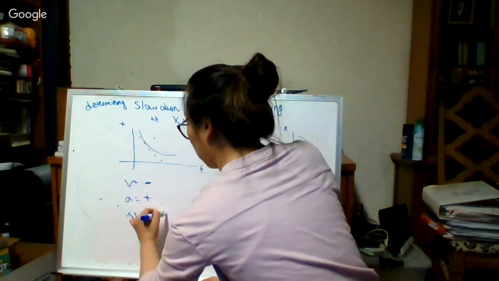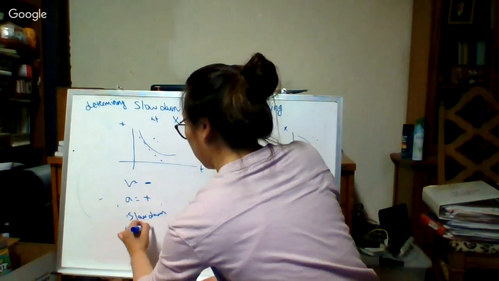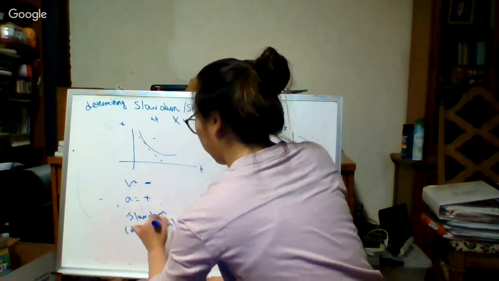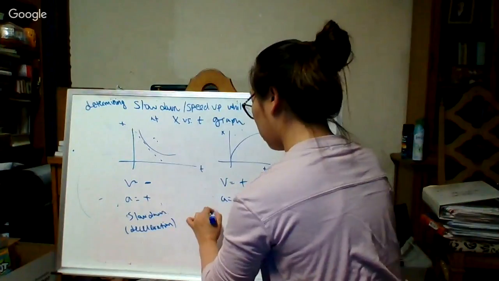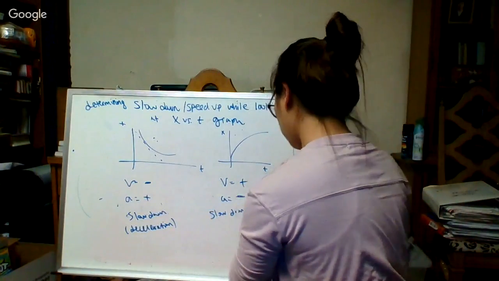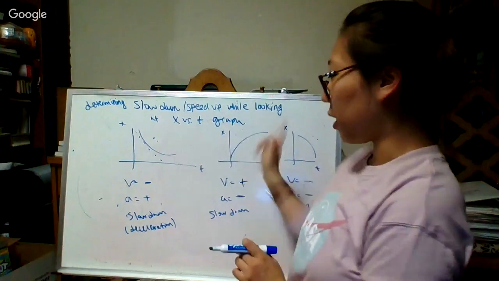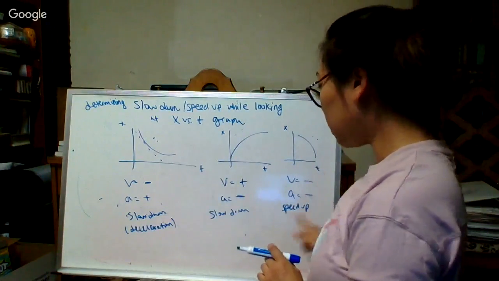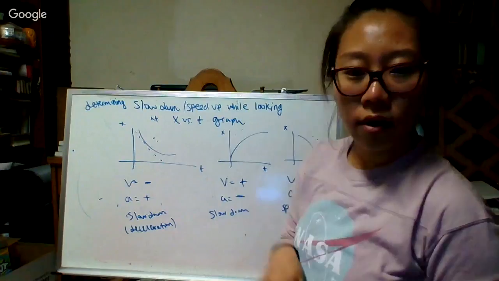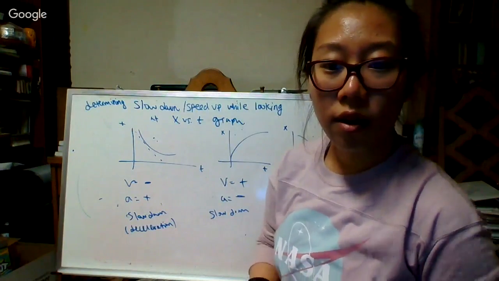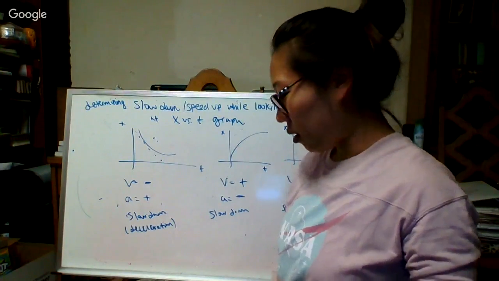Remember deceleration, because deceleration is if these two signs have a difference. Slow down. And this one is speed up. So it does not matter how the graph looks. It's about interpreting this and then figuring it out. We good?